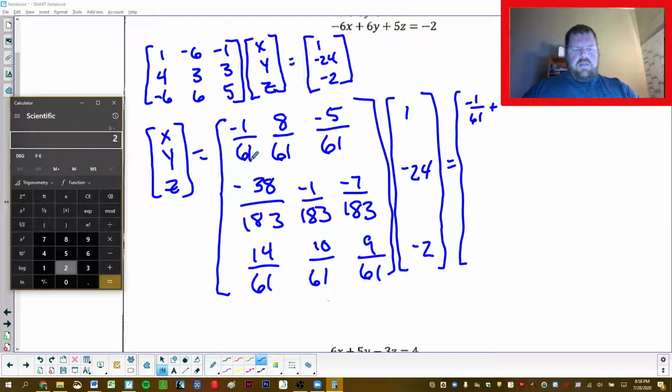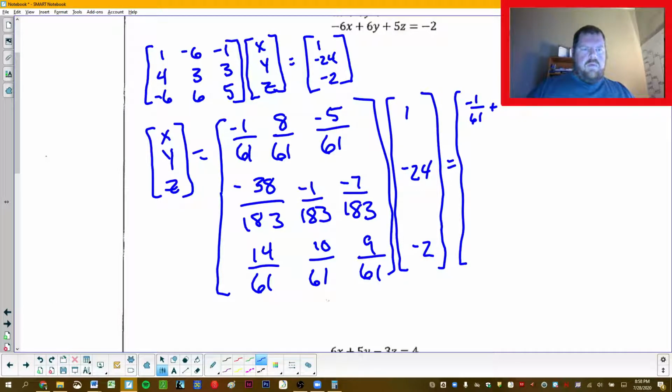So 8 times 24 is 192. And that's a negative. And then negative 5 times negative 2 is going to be 10. The beauty here is still that all my denominators are the same.